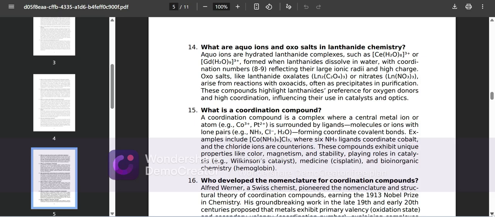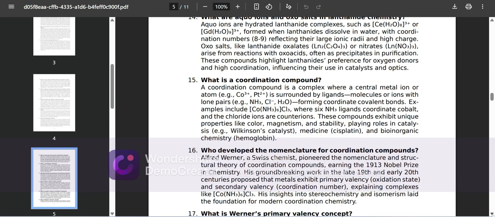Oxo salts like lanthanide oxalates Ln2(C2O4)3 or nitrates Ln(NO3)3 arise from reactions with oxo acids, often as precipitates in purification. These compounds highlight lanthanides' preference for oxygen donors and high coordination, influencing their use in catalysis and optics.